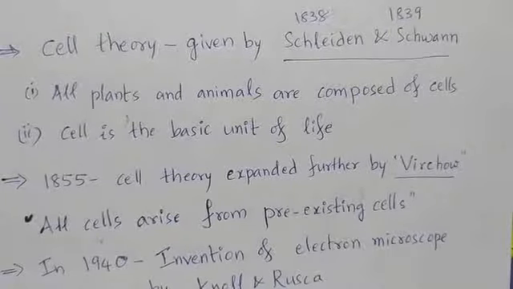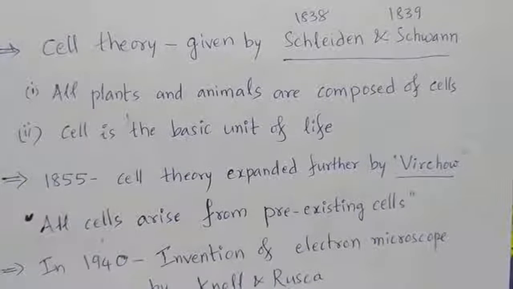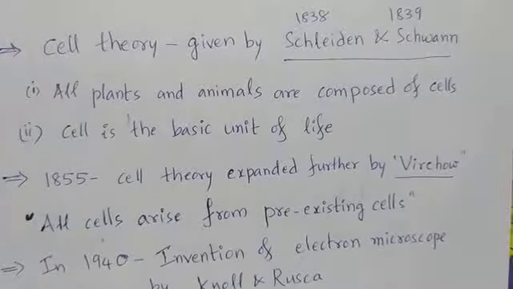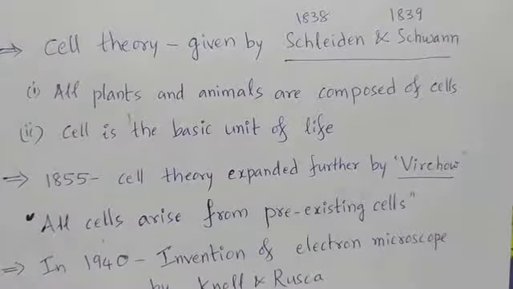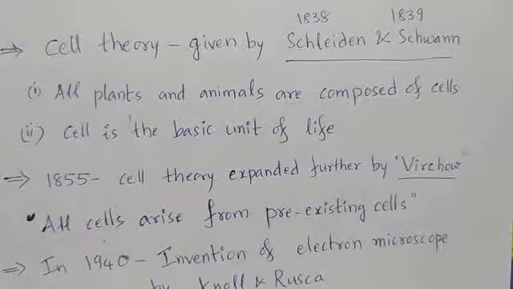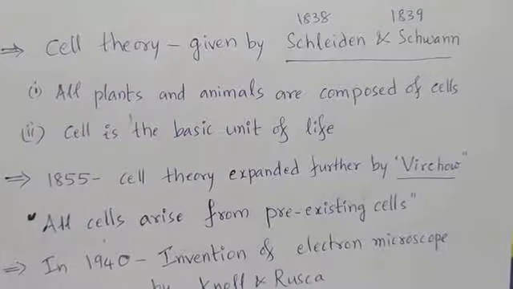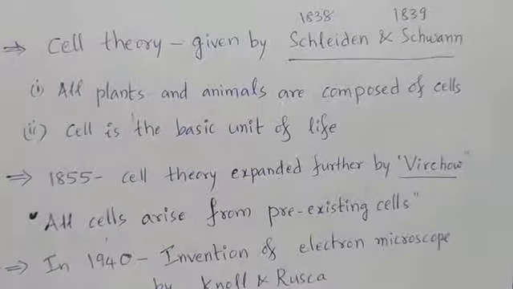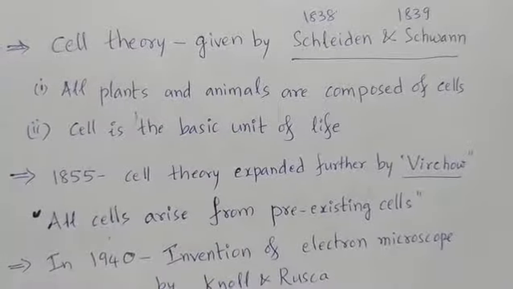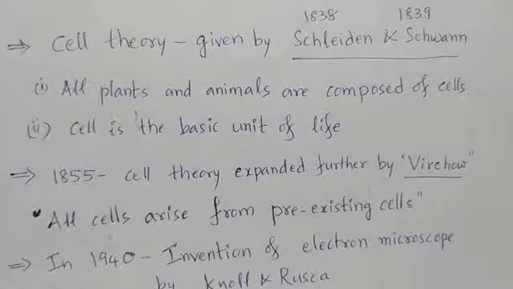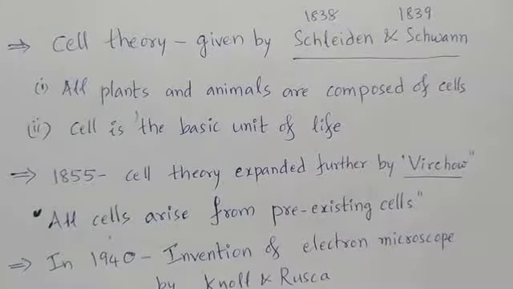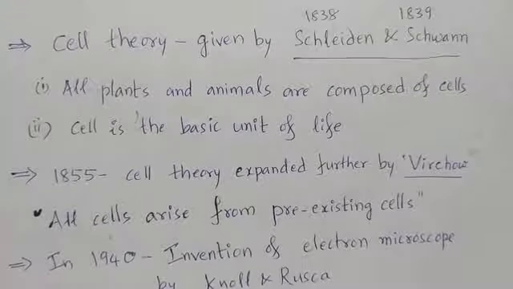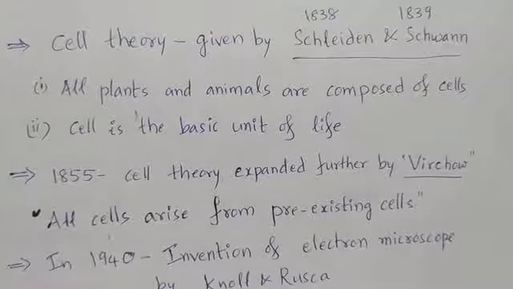In the year 1855, the cell theory was further expanded by another scientist known as Virchow. That means he didn't beat that cell theory to expand it. Instead, he added one more thing to the cell theory so that it got expanded. And what is the statement that was added by Virchow? All cells arise from pre-existing cells.